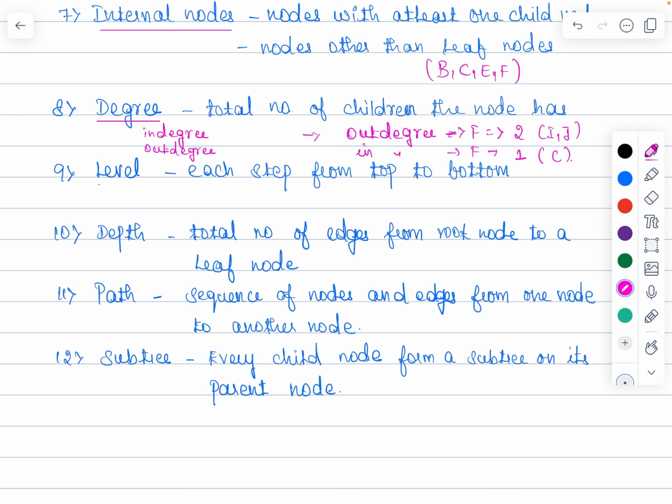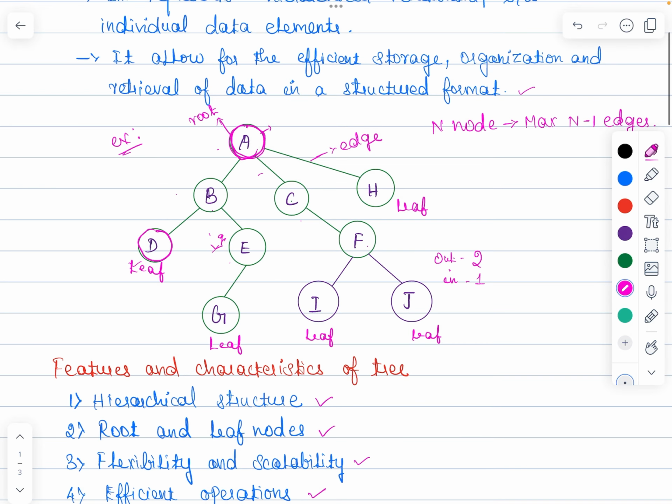And the next terminology is level. In a tree data structure, the root node is said to be at level 0 and the children of the root node are at level 1. Likewise it goes on, each step from top to bottom. When you compute the level, always start from the root node, and the root node is always at level 0.